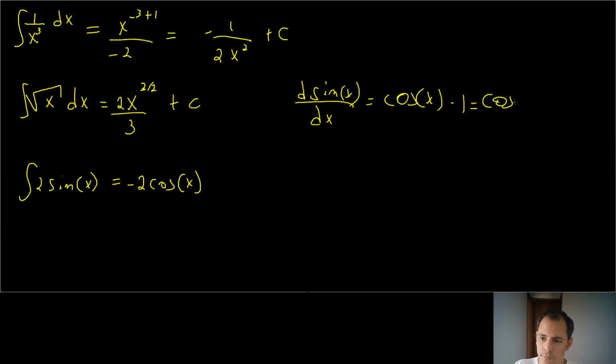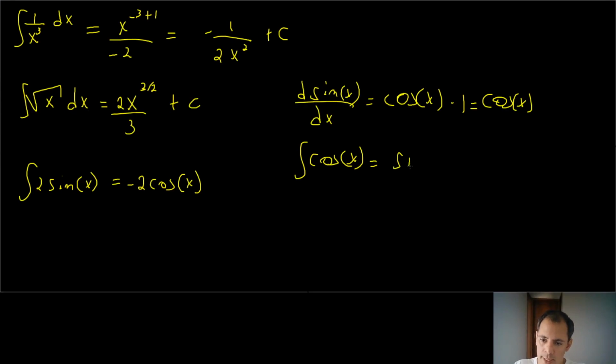So when you want to integrate cosine of x, what you've got to do is integrate the outer function and divide by the derivative of the inner function. Why? Because when you differentiated it, you multiplied by the derivative of the inner function.